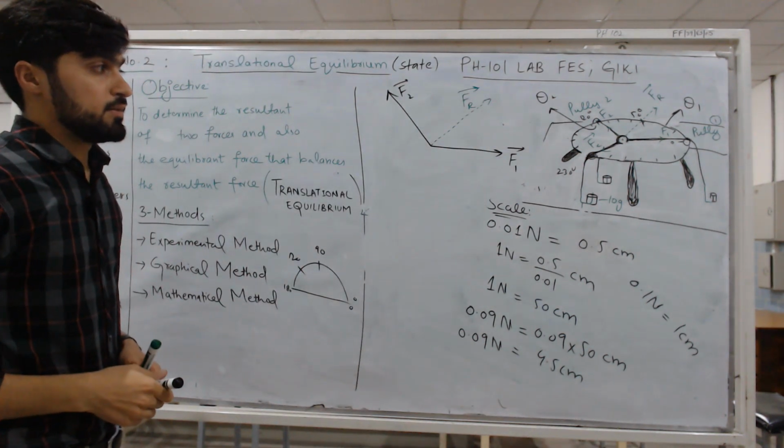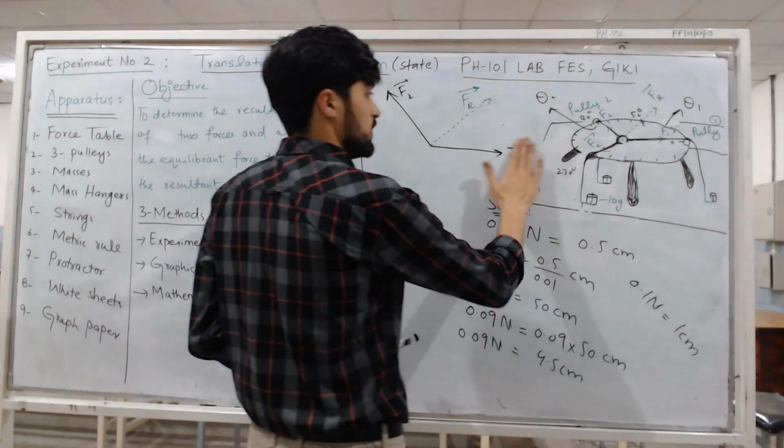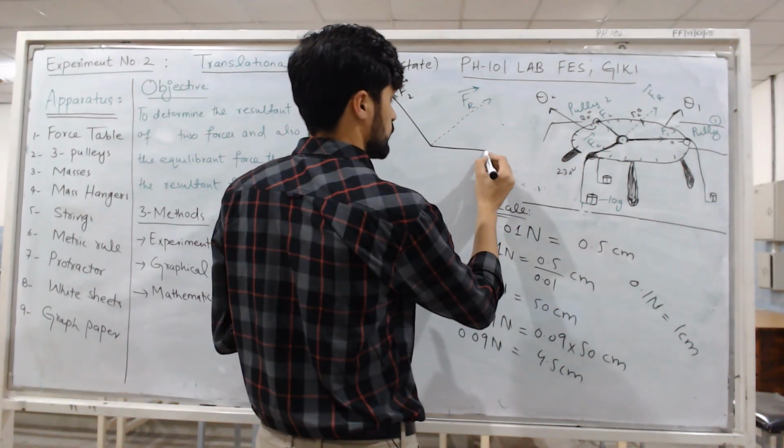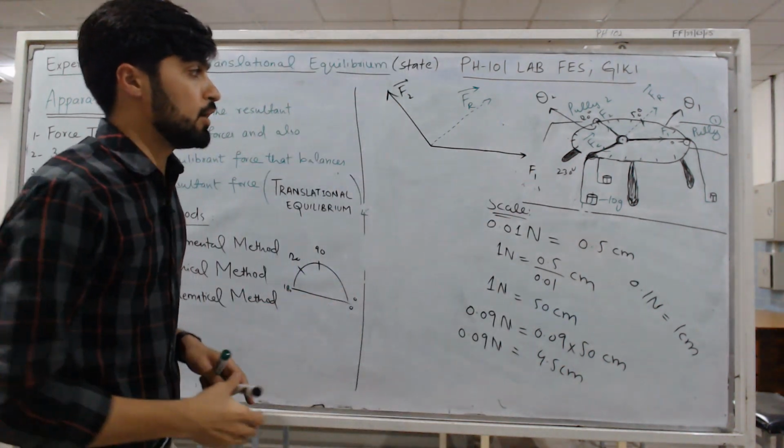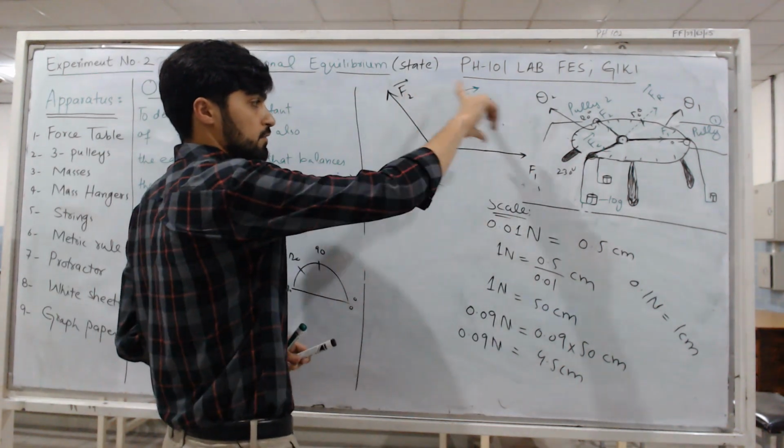Now we know the parallelogram law of addition. These two forces are equal in magnitude. So this is F1, and now I am adding F1 with F2.